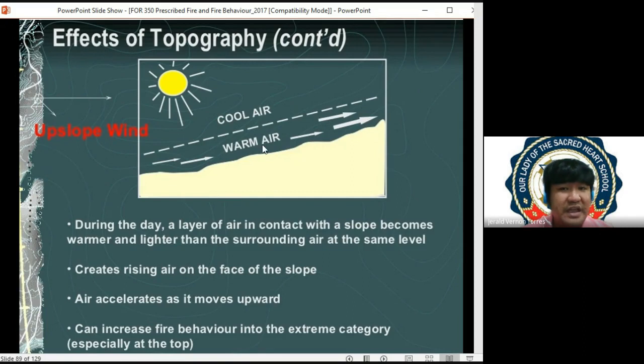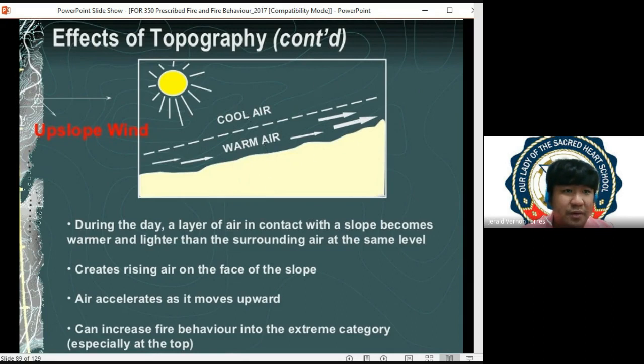Ang nangyayari dito in this case, dahil masyadong warm yung air sa baba during that point, pag nagkaroon diyan ng ignition at nagkaroon ng flame, mangyayari yung warm air na yun would move the flame towards the cool air. Kasi mas mataas yung density ng cool air, magsisink siya, si warm air, magra-rise siya.